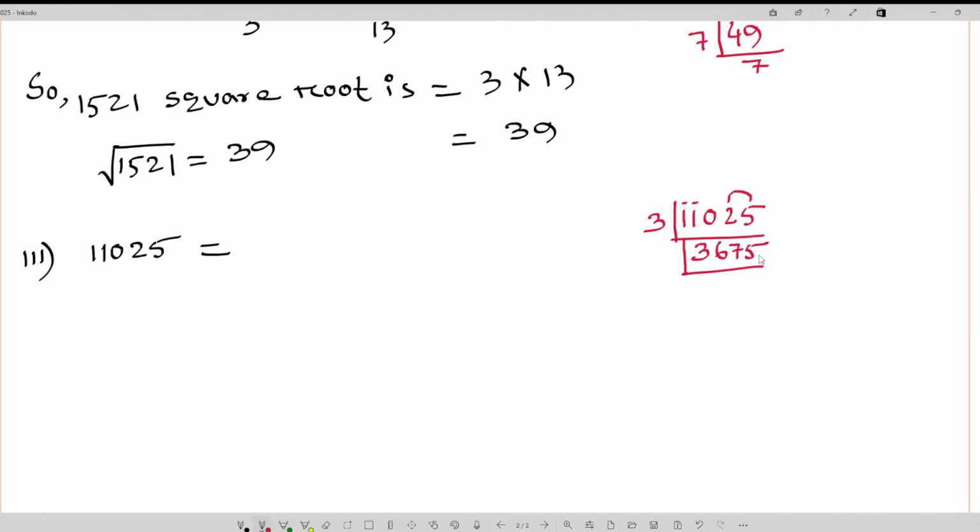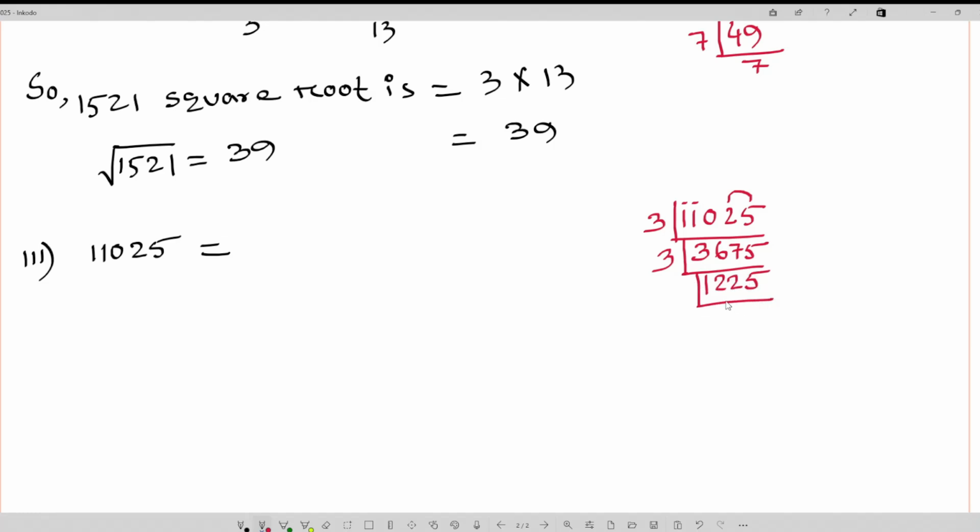Now can we divide by 3? Yes, we can divide by 3 because 3 plus 6 is 9, 9 plus 7 is 16, 16 plus 5 is 21. 21 we can divide by 3. So 3675 we also can divide by 3. So it's 1225.